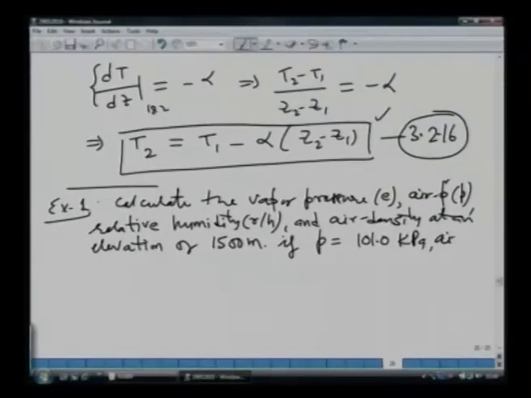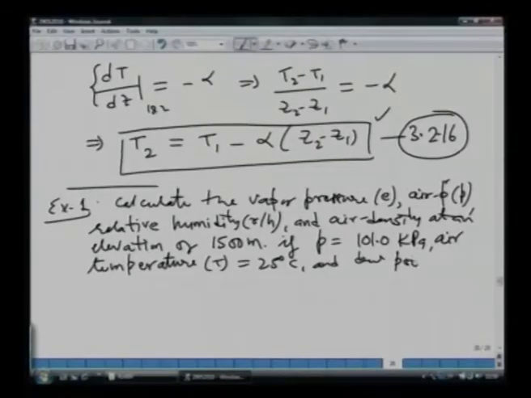These are the data which are given on the ground, the air temperature, capital T is equal to 25 degree centigrade, and the dew point temperature, and we will denote this as T subscript D, is equal to 20 degree centigrade on the ground.